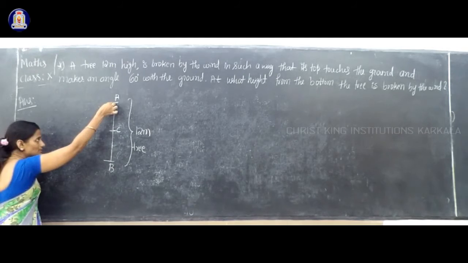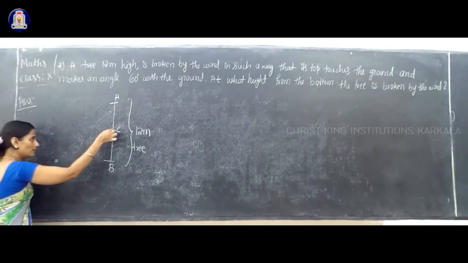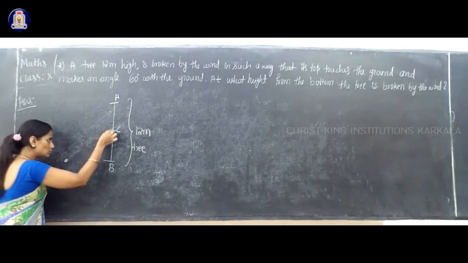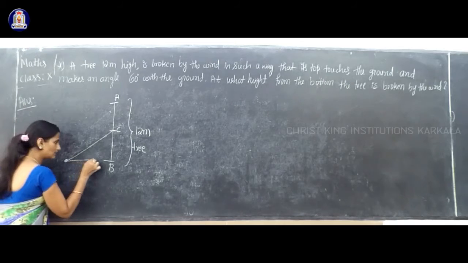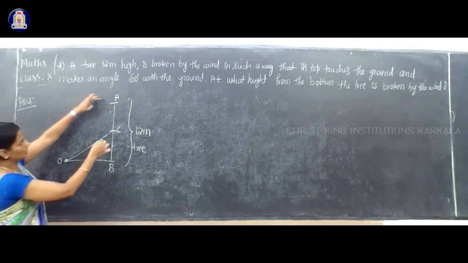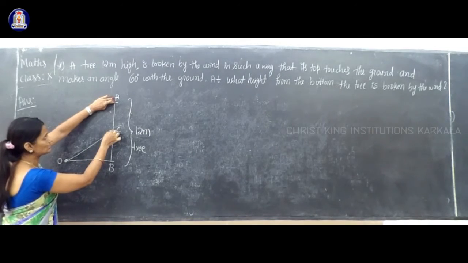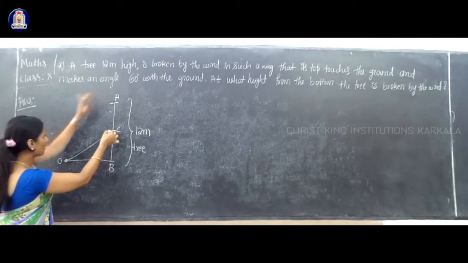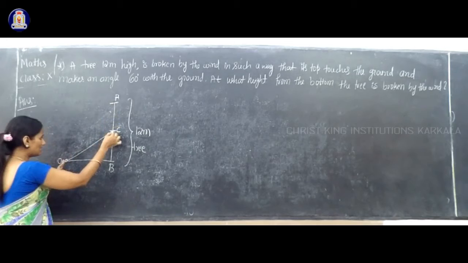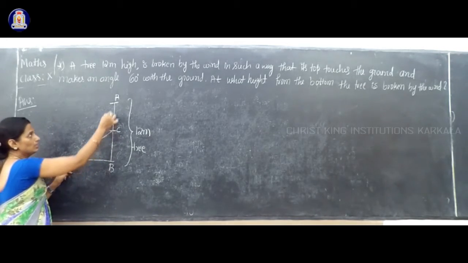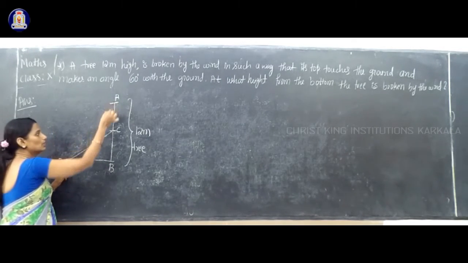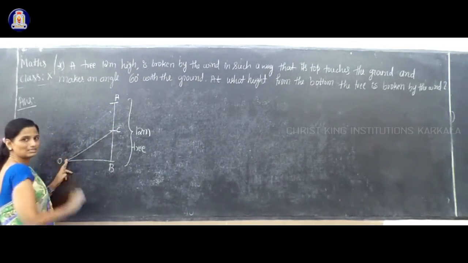Means this part comes here, so the point is C. This is the ground, and this point I mark as O. Whatever this broken part is, it touches the ground, so whatever length AC is, the same length is OC also. So OC is equal to AC, because OC is the broken part of the tree, that is AC.